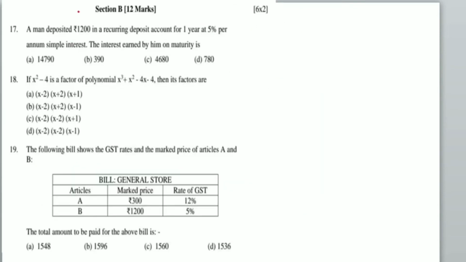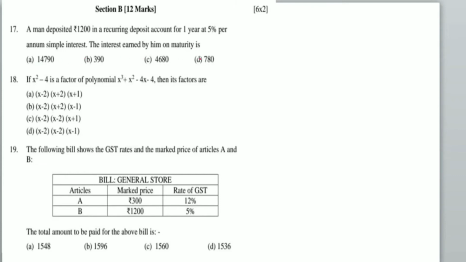Okay, now we will solve section B and solve problem number 17. A man deposited rupees 1200 in a recurring deposit account for 1 year at 5% per annum simple interest. The interest earned by him on maturity is what?